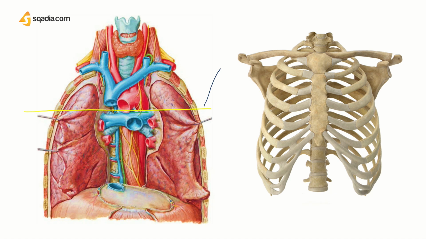Remember, it is marking all of the structures that are beneath it. Here we have the pulmonary trunk, as you can see, right over here. And at this level of the sternal angle, it divides into the right and the left.